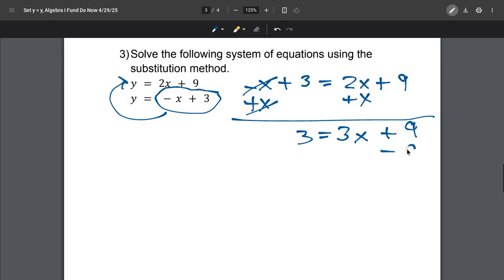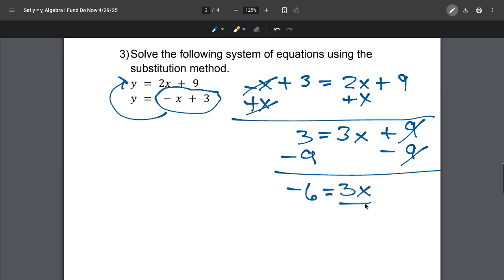I'll subtract 9 from both sides. These will cancel. 3 minus 9 is negative 6 equals 3x. I'll divide both sides by 3, and I'll get negative 2 equals x. I'm going to take that and put that back in here, but a negative of negative.